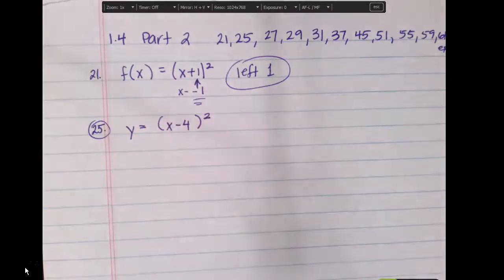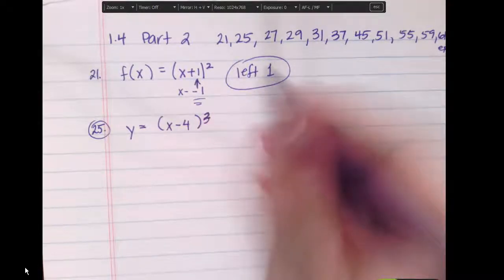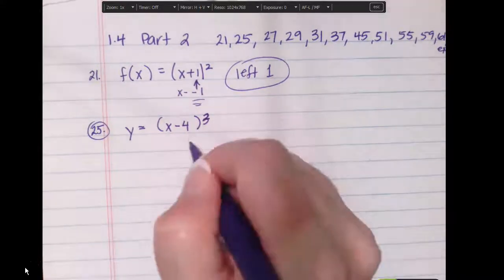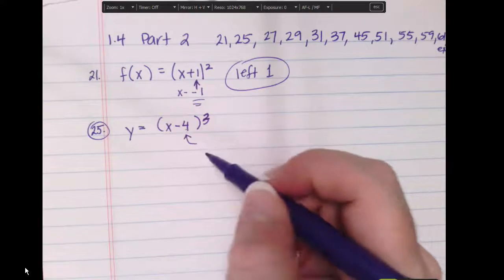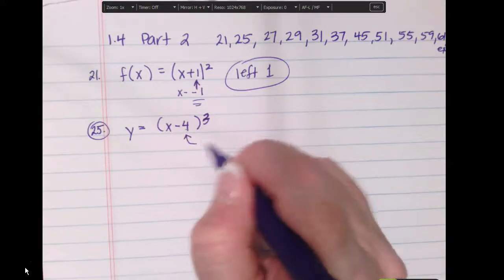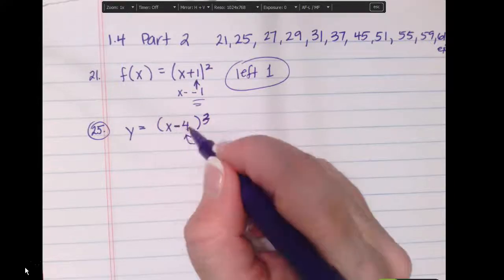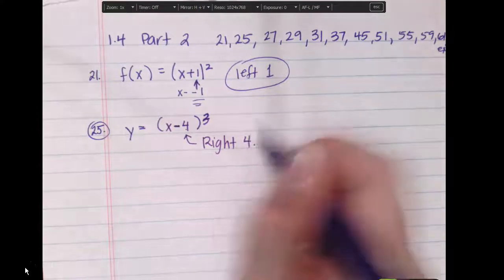Let's see, is that cubed? Sorry, need to get my glasses on this morning. So we have a cubic function, not that it really matters. What really matters is what is being done to the function. So this minus 4 right here, that's an h value, so it is a horizontal shift, and when we have a minus, that is going to go to the right 4 units.